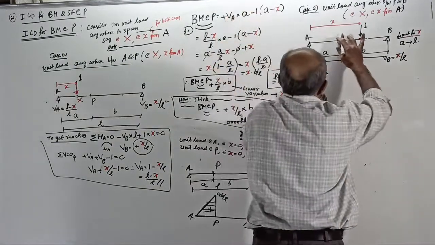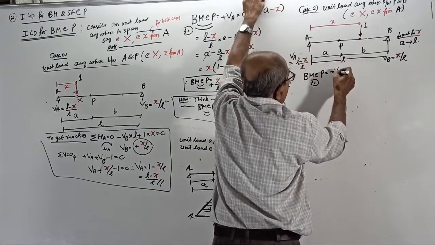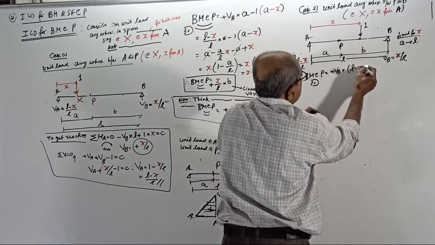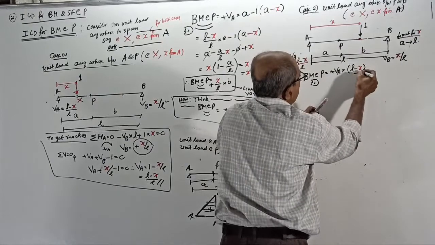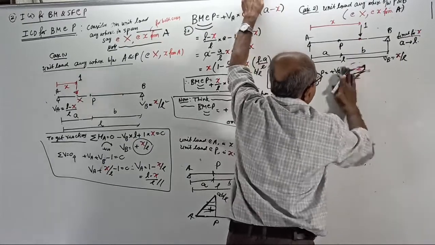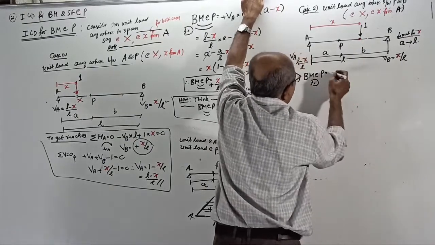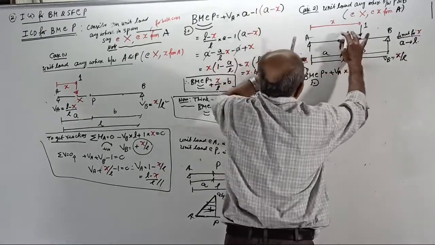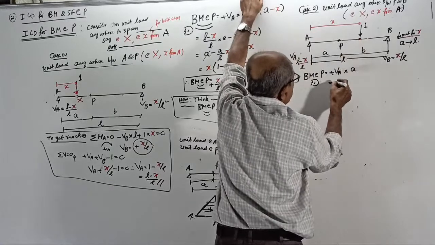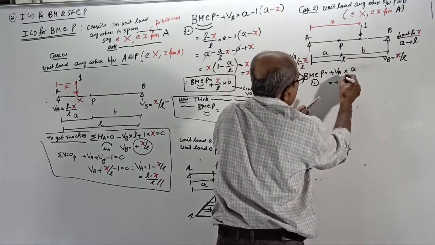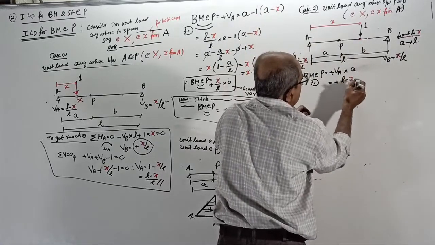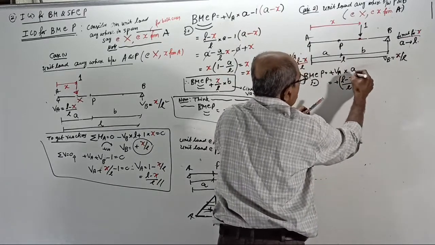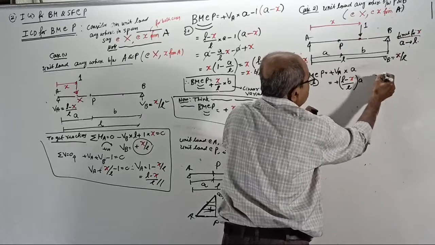Tell the answer here. It is plus VA into A, where VA is (L minus x) divided by L. So plus (L minus x) divided by L into A. Now also, the highest power of x is 1.